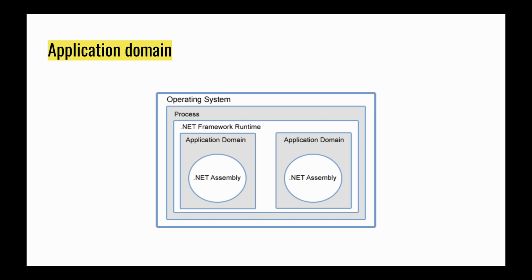If one application domain crashes, it does not affect the operation of the other application domain. An application domain with its own virtual address space is a logical barrier for code, security, reliability, and version control. It should be noted that application domains are created by runtime hosts.